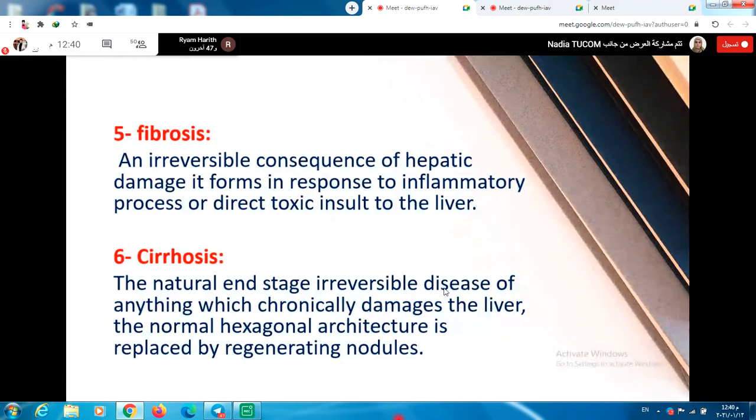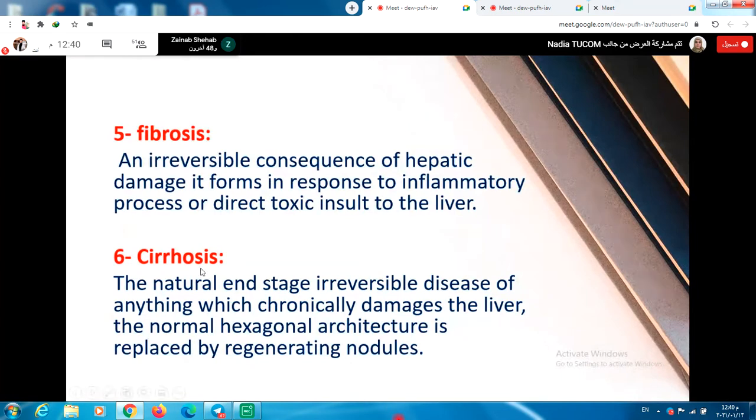They stimulate the Ito cells, the vitamin A storing cells, which will be transformed into fibroblast, myofibroblast-like cells and lay excess amounts of collagen and produce fibrosis. We will come to it in detail in cirrhosis, God willing.